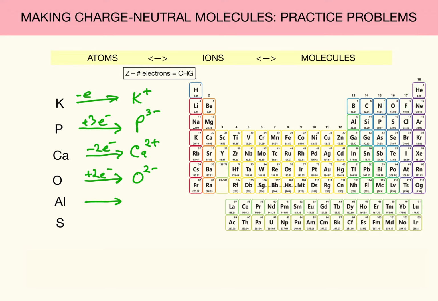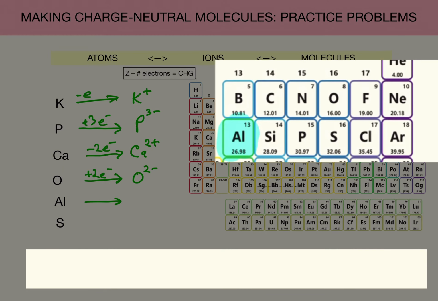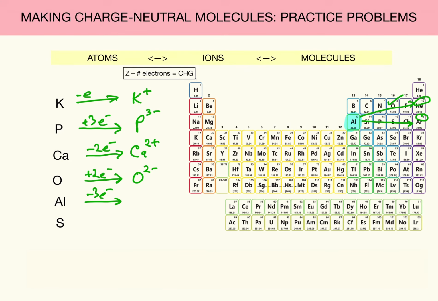What about aluminum? Aluminum has 13 protons. Its shortest path into the noble gas column is either to gain 5 or to lose 3. Losing 3 is the shortest path in, and so aluminum will become an Al3+ ion.